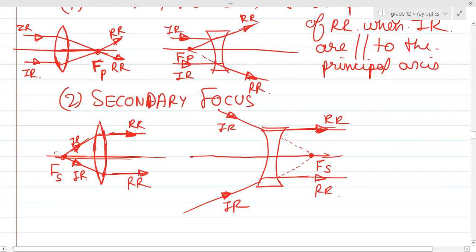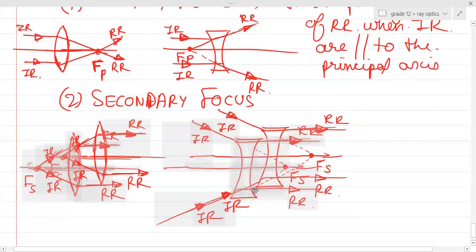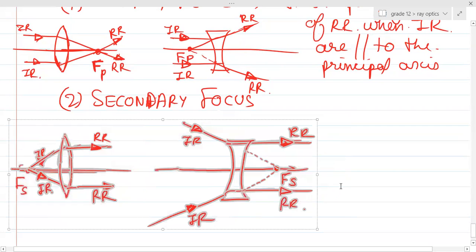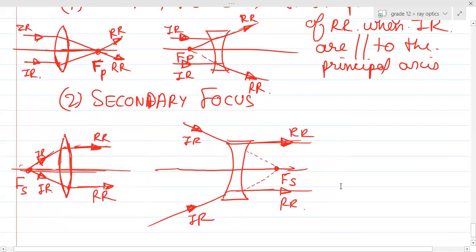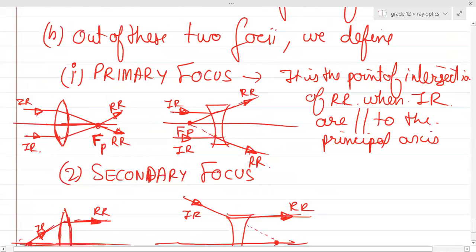Yes, guys, would anyone like to try to define the secondary focus from the diagrams? Can you see the definitions will just get reversed?